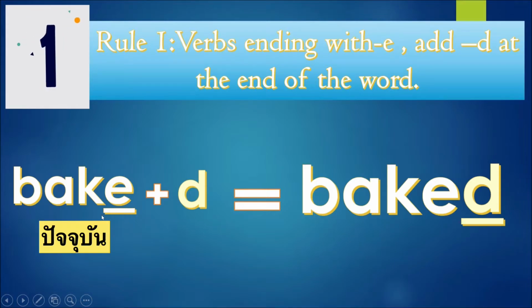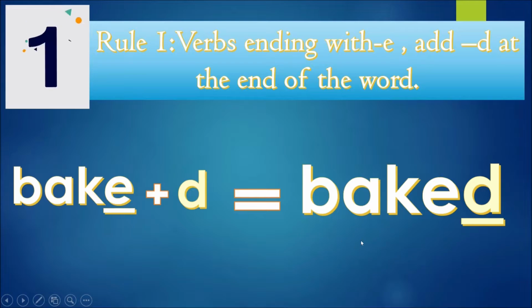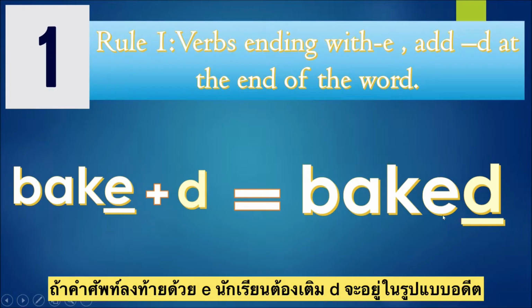So, bake is present, past will be baked. That is rule number one. If the verb ends with E, you have to add D and it will become baked.